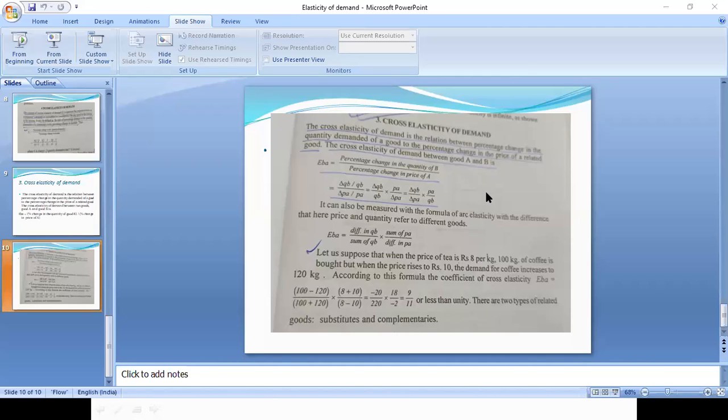Then 31 to 40. 31, ma'am. 34, ma'am. 34 given. Then 41 to 50. Ma'am, 41. 48. Ma'am, 43.